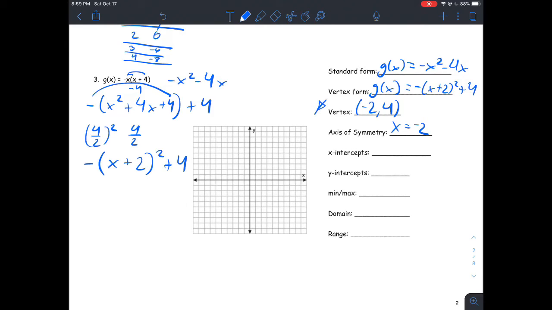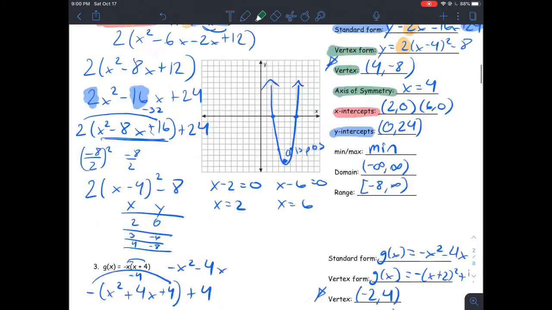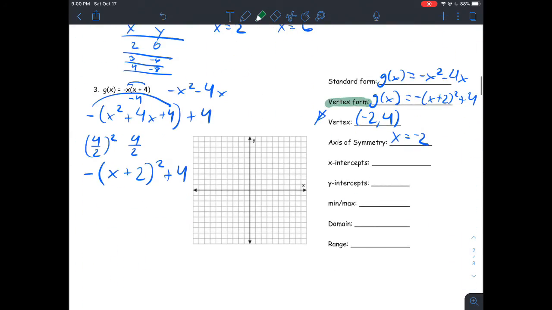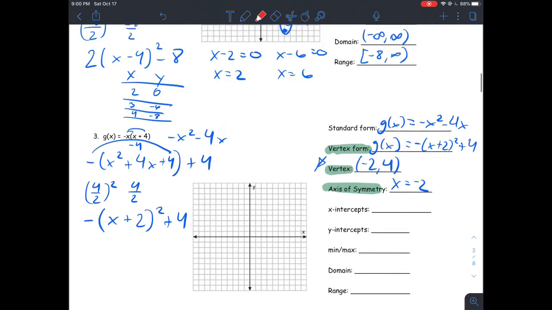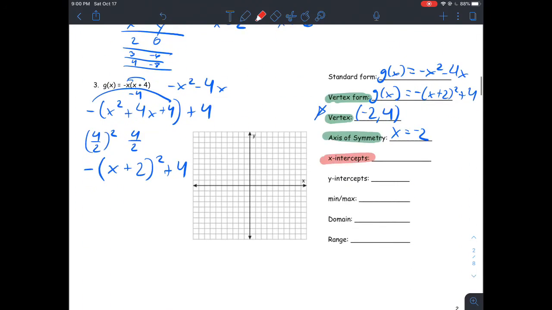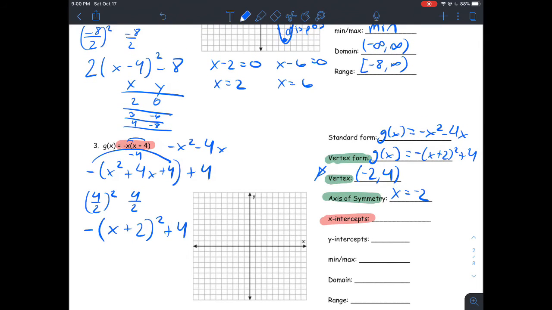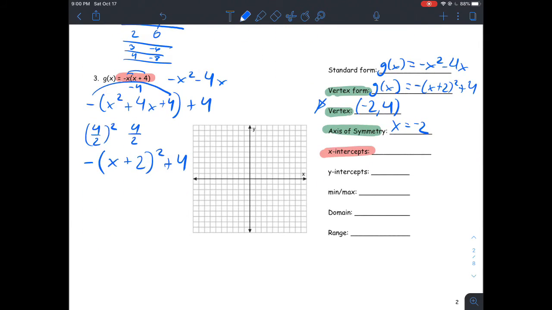Then they ask for the x-intercepts. I should have been highlighting these. I used green because we did vertex form. We got this information from vertex form. And then we know that we get our x-intercept information from our factored form. So we're going to say negative x equals 0 and x plus 4 equals 0.